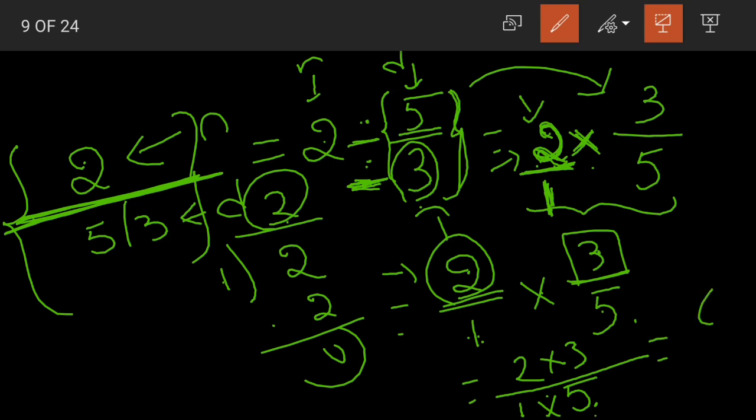Yes, 2 into 3 becomes 6, 1 into 5 becomes 5. Clear students, what did we do here? We converted this complex fraction 2 by 5 by 3 into a simple fraction, which is 6 by 5. I hope this was clear.